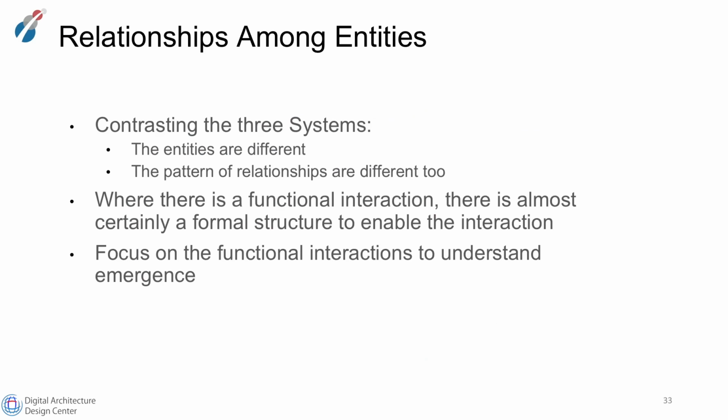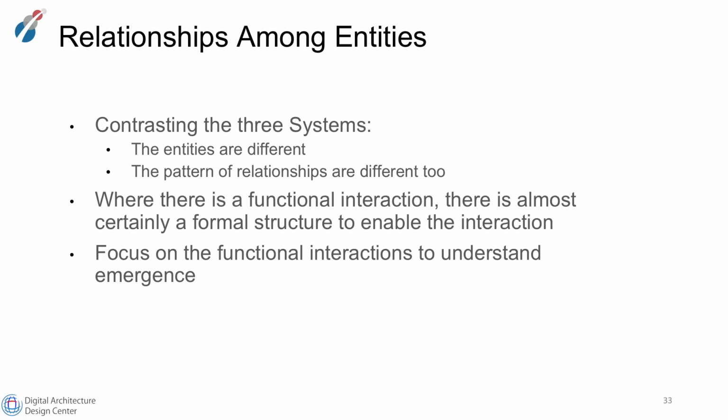And so the relationships amongst the entities are different. When we look at these three examples, the entities are different, the patterns of relationships are also different, but the fundamental building blocks often can be brought down to the fundamental sciences of biology, chemistry, computer science, sociology, and so forth.